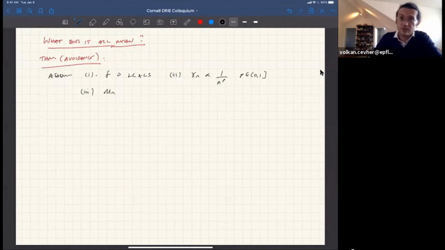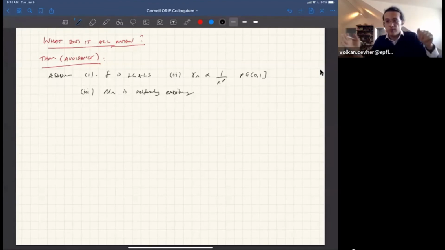So here's a simplified one. This noise term is uniformly exciting, meaning it's like isotropic, but it does not need to be the same strength in every direction. So uniformly exciting.